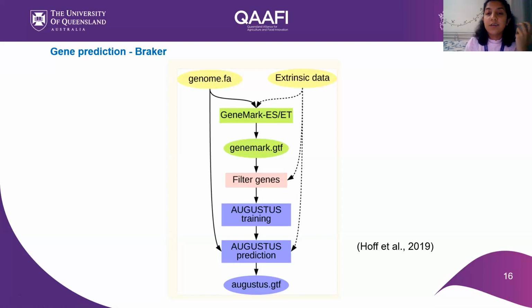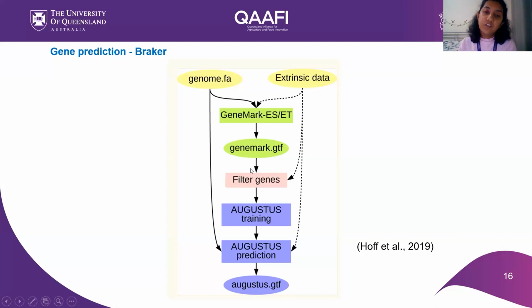We first align the RNA-seq evidence to the genome using the HISAT aligner, which is a splice-aware aligner. Then that alignment BAM file is directly loaded to the BRAKER pipeline. So these RNA-seq reads are used in the initial training step by GeneMark, and also in the last gene prediction step by Augustus.